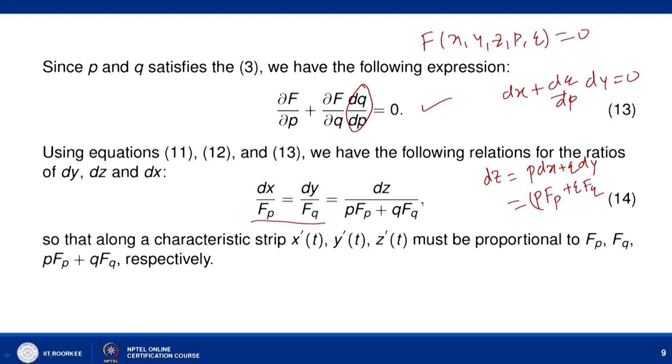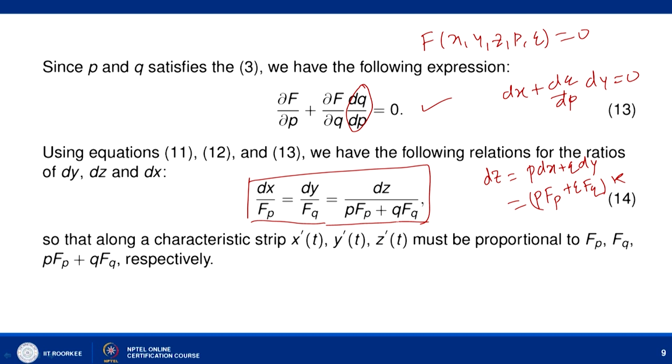Let us say k is a ratio constant. So we have the following relation for the ratios of dx, dy, dz: dx by fp equal to dy by fq equal to dz by p fp plus q fq, and when you solve this, that will give you the equation of Monge's cone, that is the equation of the elementary cone.